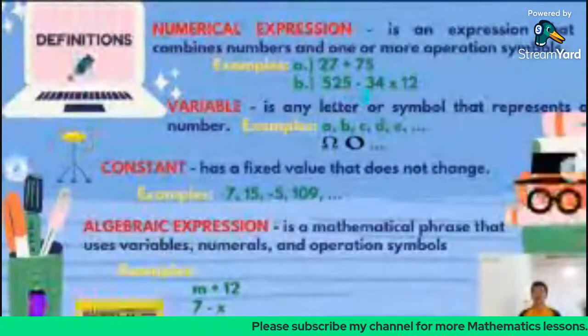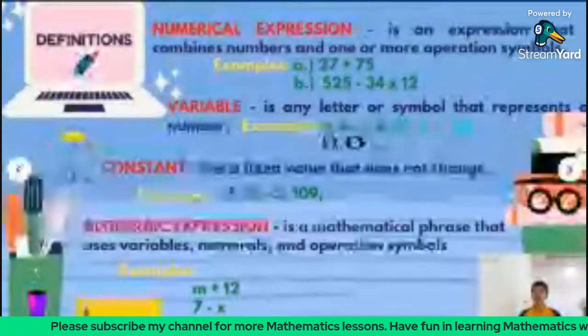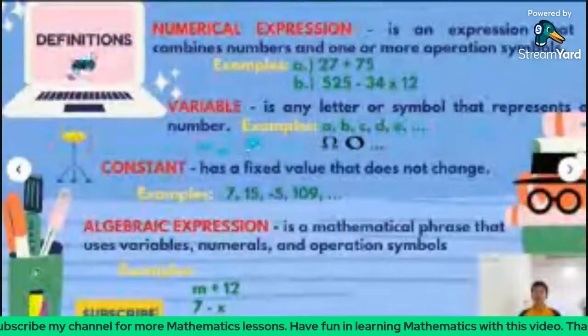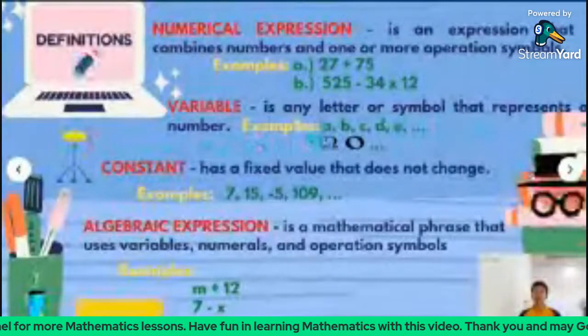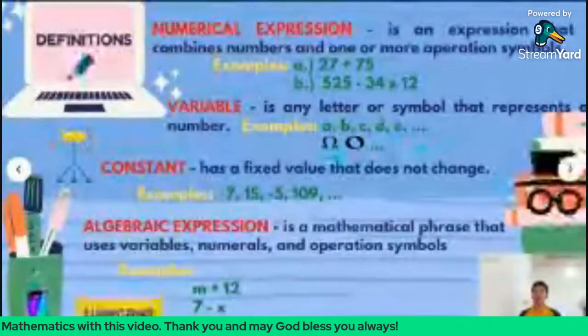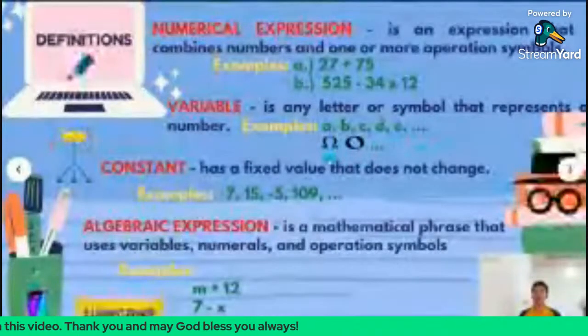Variable. It is any letter or symbol that represents a number. Examples: A, B, C, D, E, and so on. We have also these symbols.